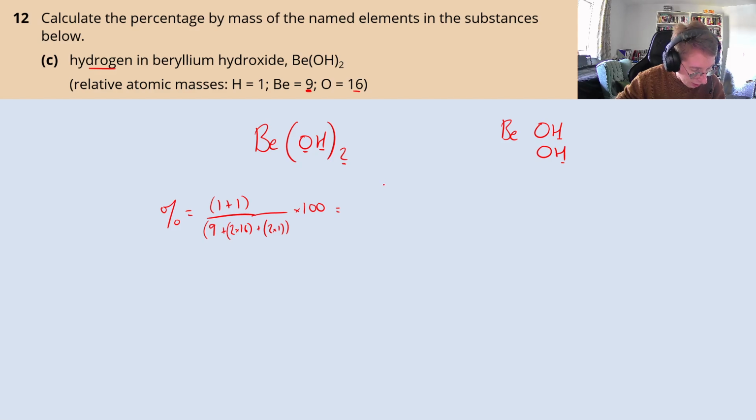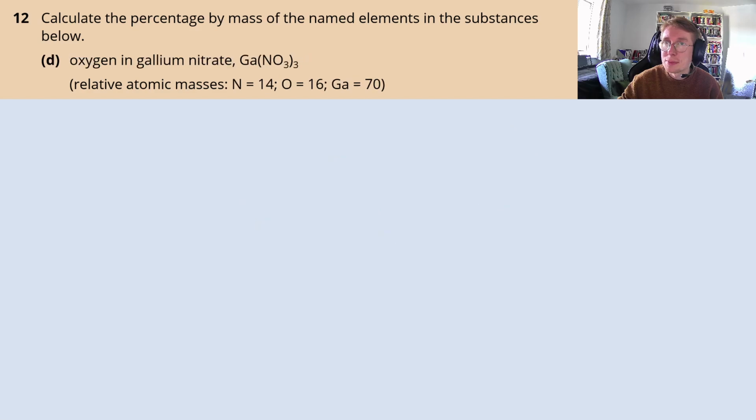Now if we evaluate what's there, 1 plus 1 is 2 divided by 43 on the bottom of this equation multiplied by 100, and we get an answer of 4.65%. 2 marks once again. You get 1 mark if you got 43 on the bottom. You get another mark if you got 4.65 as your final answer. If you got 4.7, that would be perfectly acceptable as well.